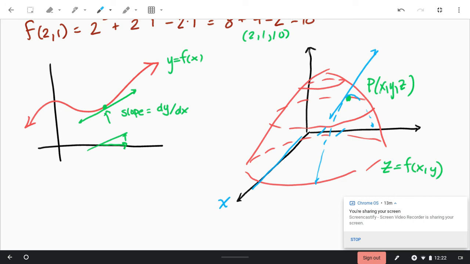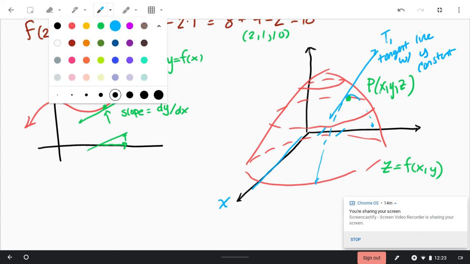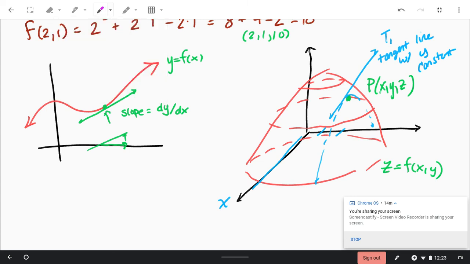I'm going to label this as T1. This would be the tangent line with y constant. Now if I think similarly, if I were to slice through that point at whatever x value it's at, and take that slice parallel to the y-axis, then I've got a tangent line parallel to the y-axis.